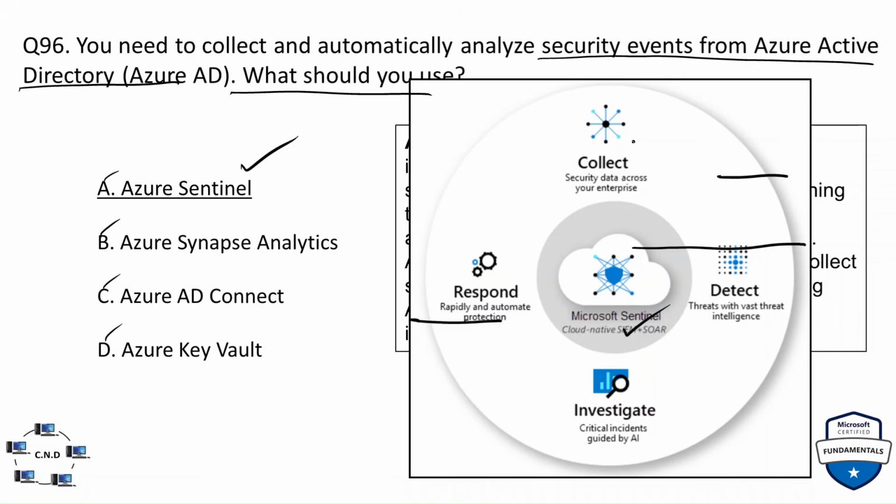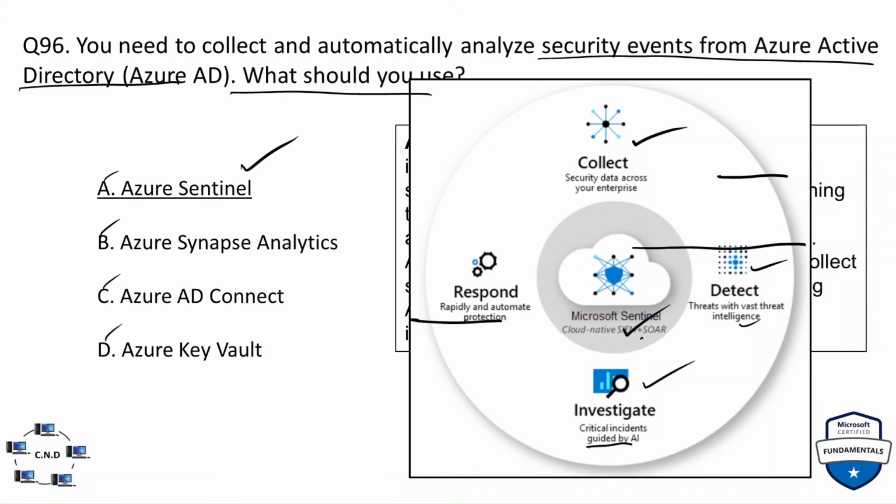This SIEM solution basically collects logs, that is security data, across your enterprise. It then detects threats with vast threat intelligence. It then investigates critical incidents guided by AI, and then it responds rapidly and automates protection.